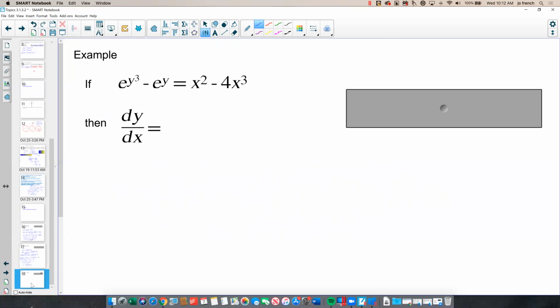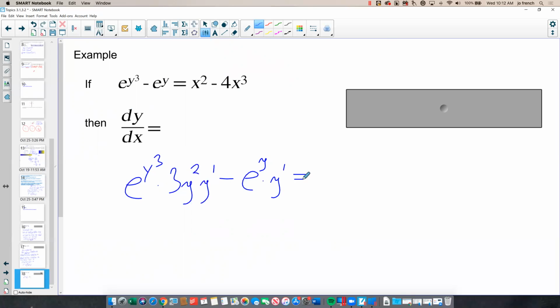So the derivative of e to the something is e to the something, e to the y cubed, times the derivative of the something. And the derivative of y cubed would be 3y squared y prime by the chain rule, minus the derivative of e to the y, which would be e to the y times y prime.